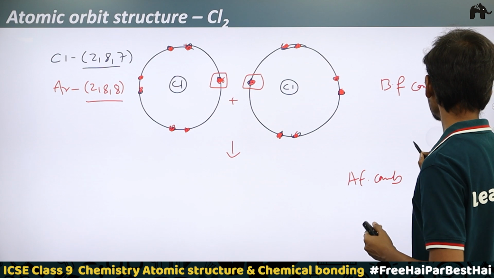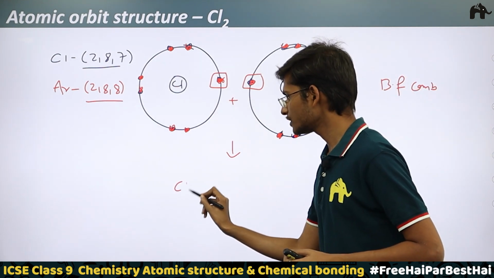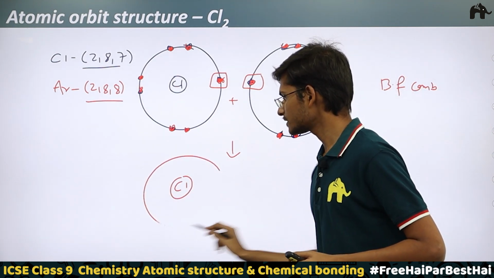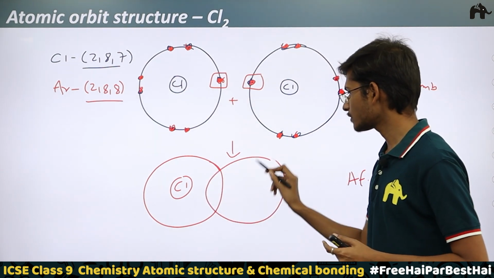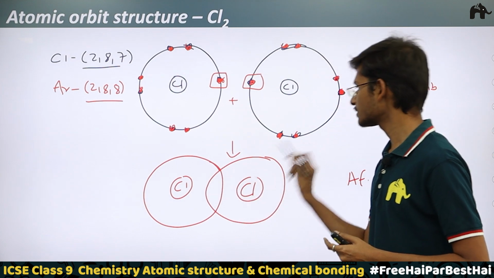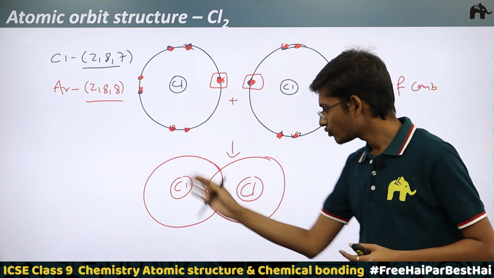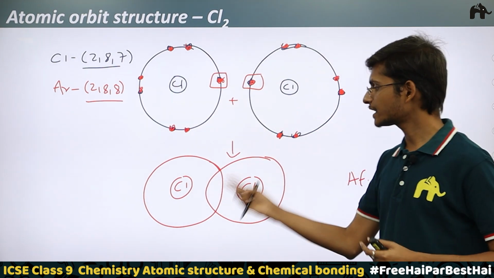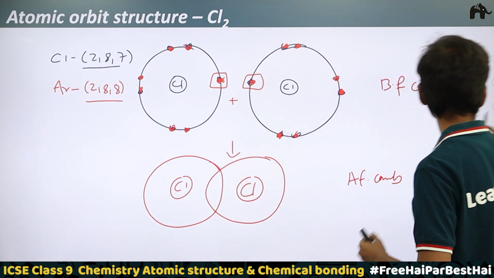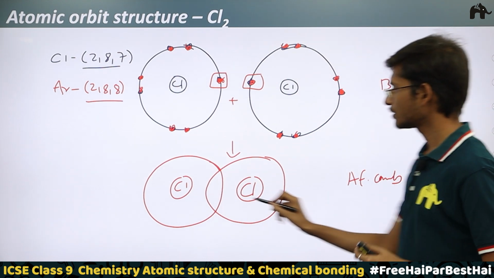The same thing: chlorine nucleuses. This is the outermost shell of one chlorine, and this is the outermost shell of the other chlorine atom. There is an overlap, you can see, and in this overlap these 2 electrons would fit in. Here I will show it with a different color, like this.